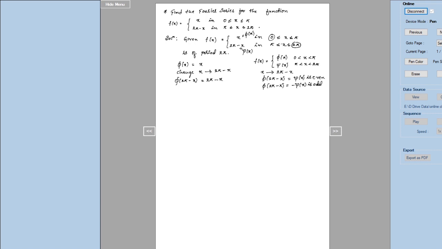I have defined the function f of x as phi of x and psi of x, so we are getting back phi of 2 pi minus x as psi of x. Therefore we can say that f of x is an even function.